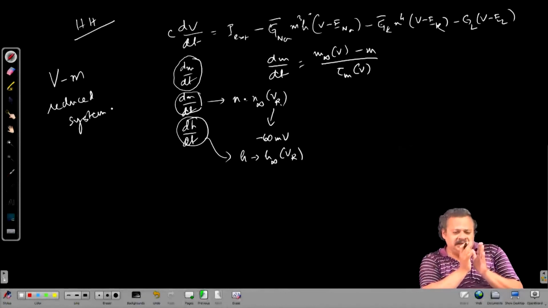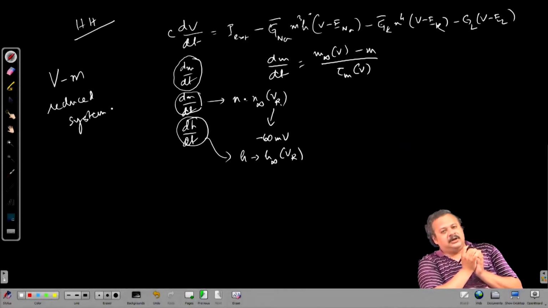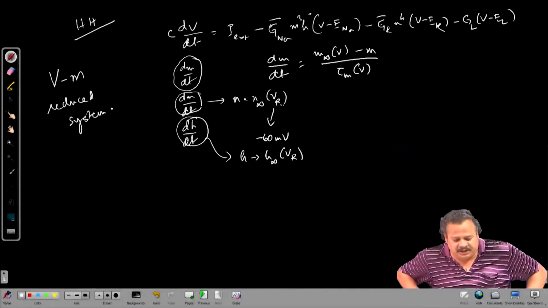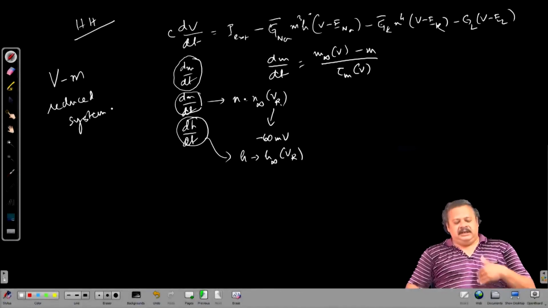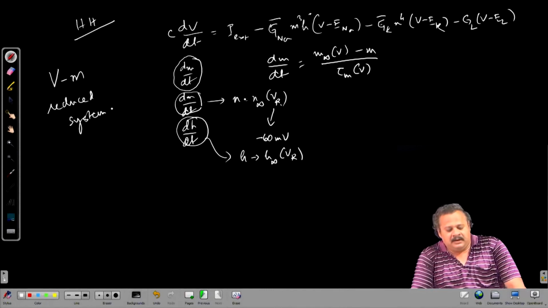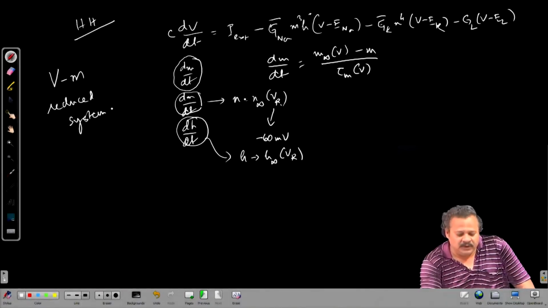So it is only in the initial few milliseconds, 1 or 2 milliseconds, that we can mimic the behavior with the reduced system. In order to truly model the system over longer times, we need to include n and h. But the threshold behavior is in the very beginning, when we do a current injection and see if we can move the system beyond the threshold or not, and that can be seen with just this reduced system.